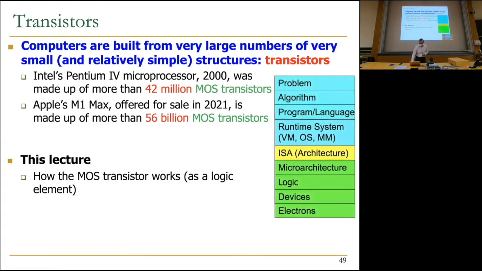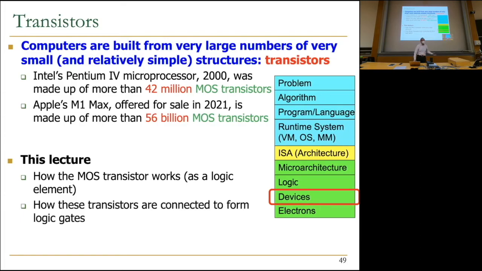So we're going to really start with this device level basically today, learn about a particular device that's used in all processors, and talk about how these transistors should be connected to form logic gates in today's technology. In some other technologies, this may be different, but in today's dominant technologies, we have a particular way of connecting these transistors so that they can work the way we want.